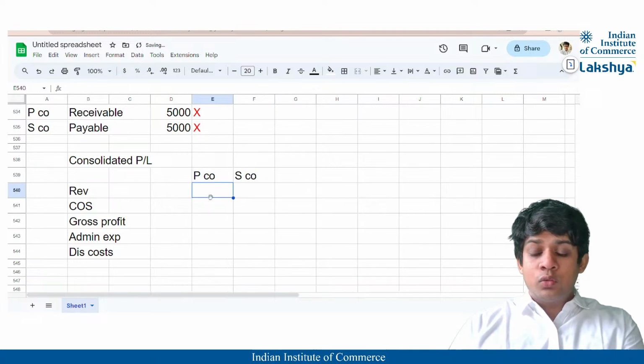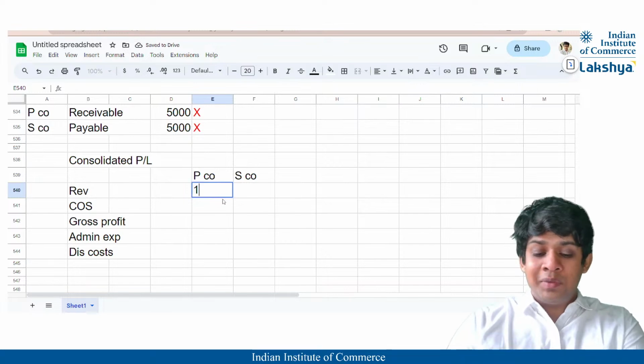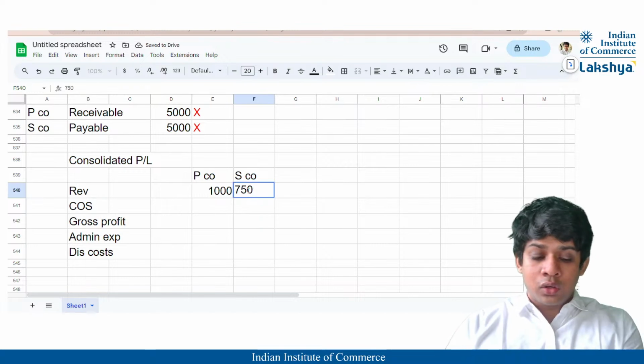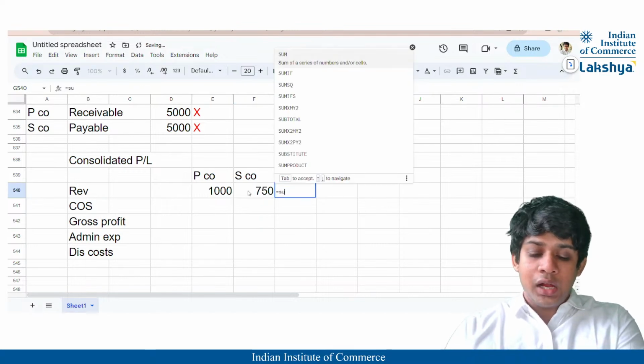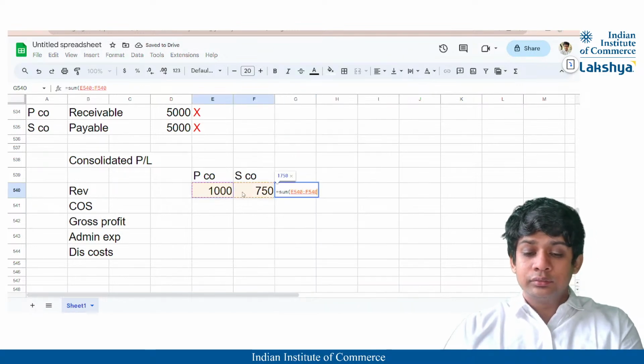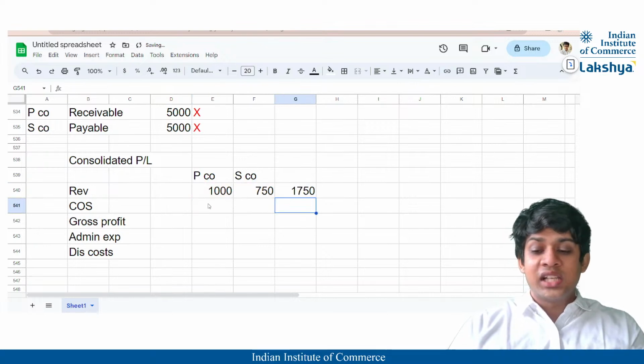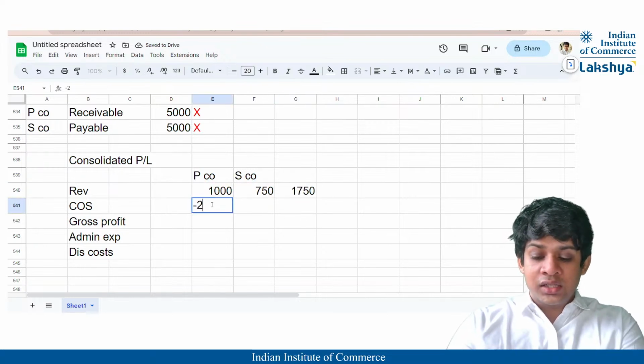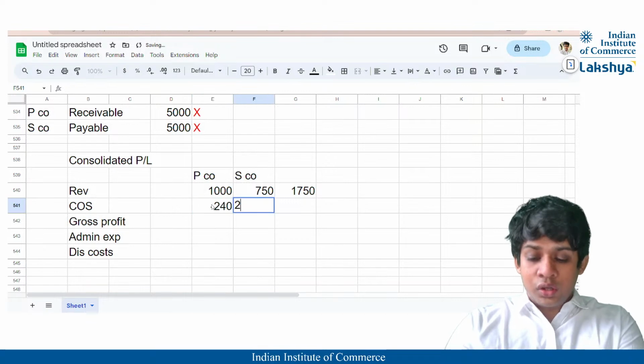Now, the revenue, whatever it is, we have to add them both. Maybe here it is 1,000, here it is 750. So both of them should be added, correct? That is 1,750. Maybe say the cost of sales is 240 here, maybe the cost of sales is 200 here.